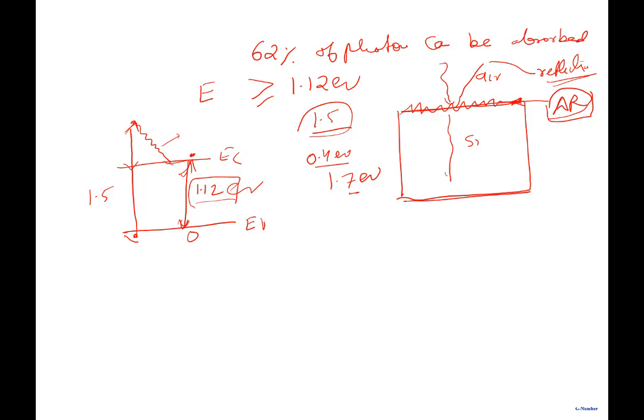You absorbed 1.5 eV, but the effective energy you are left with in your system is only an electron and hole separated by 1.12 eV. So there is a loss occurring because of this. This will also bring down the efficiency drastically, because for 1.5, 1.4, 1.3, all those photons that you're absorbing, you're left with only 1.12.